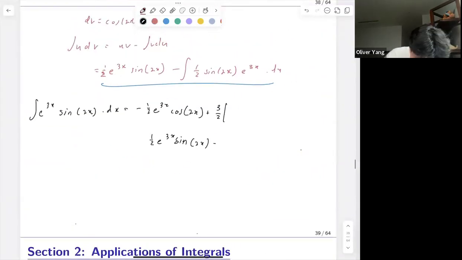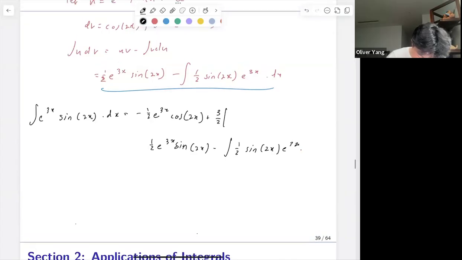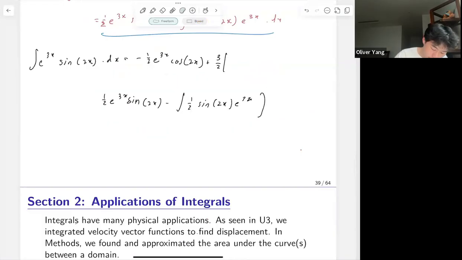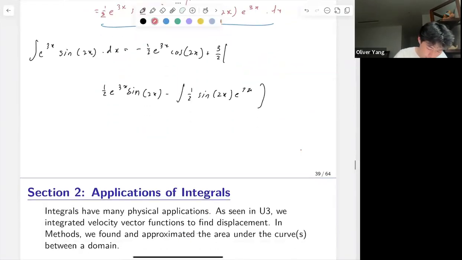Anyways, half sine 2x. I'm just going to keep it here. So the integral of a half sine 2x e to the 3x, closing the square bracket here. So what can we see? Well, we can use some basic algebra and just add this on, since we're just adding integrals.